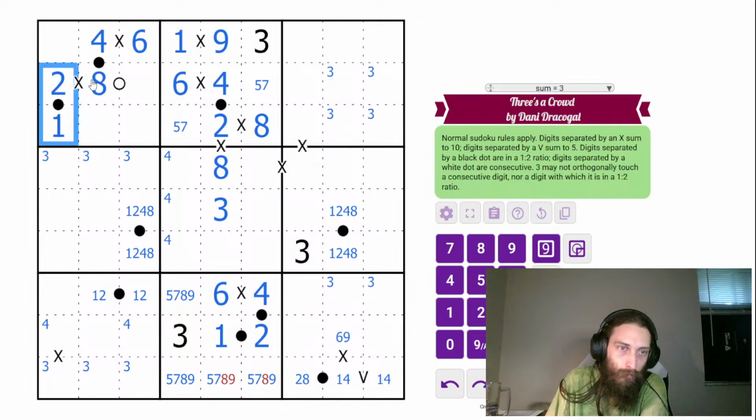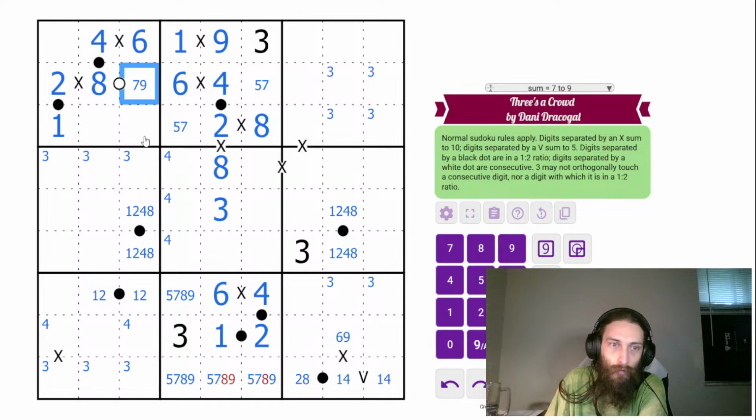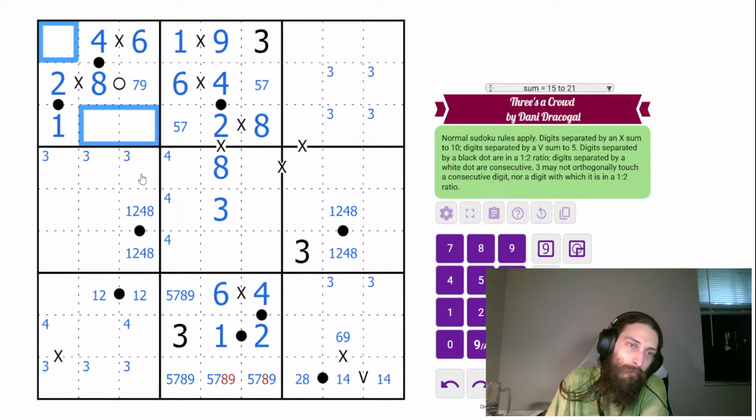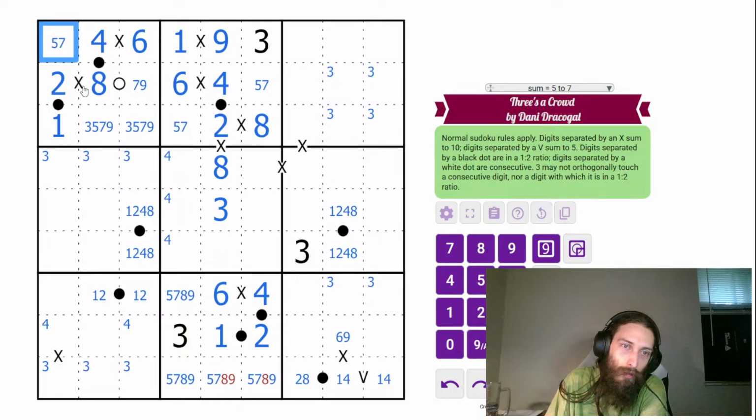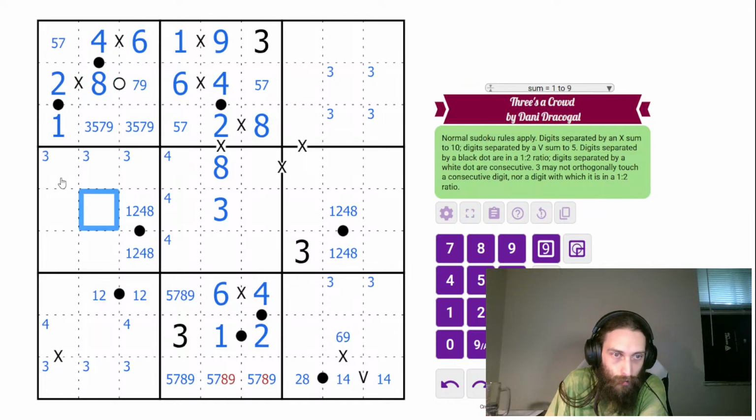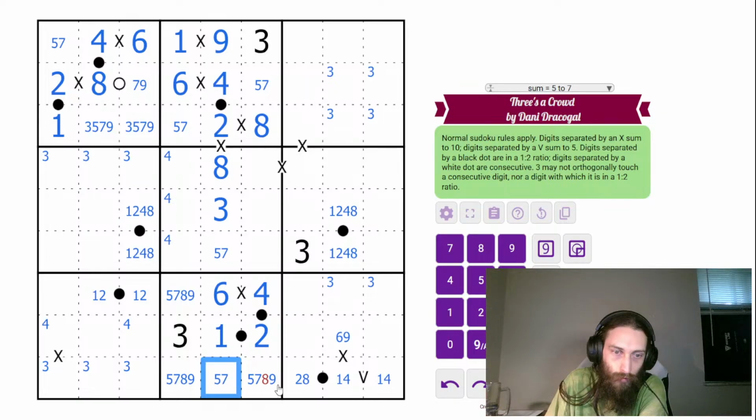I just did it from the wrong direction, even if I got it right technically. 7 or 9. 3, 5, 7, 9. This isn't 3 or 9. And if 3 has to be, well, it doesn't count the 6 or the 2, 4, so that doesn't matter. 5, 7.